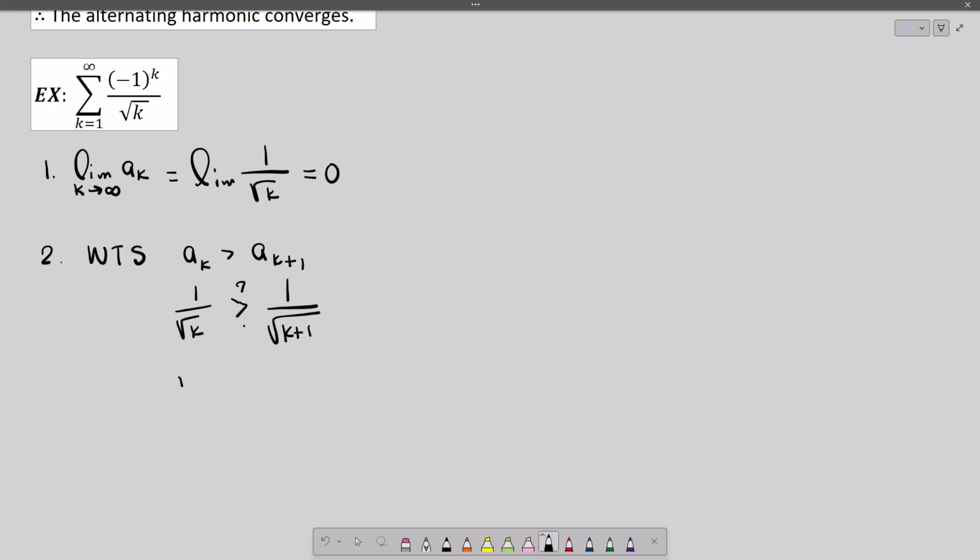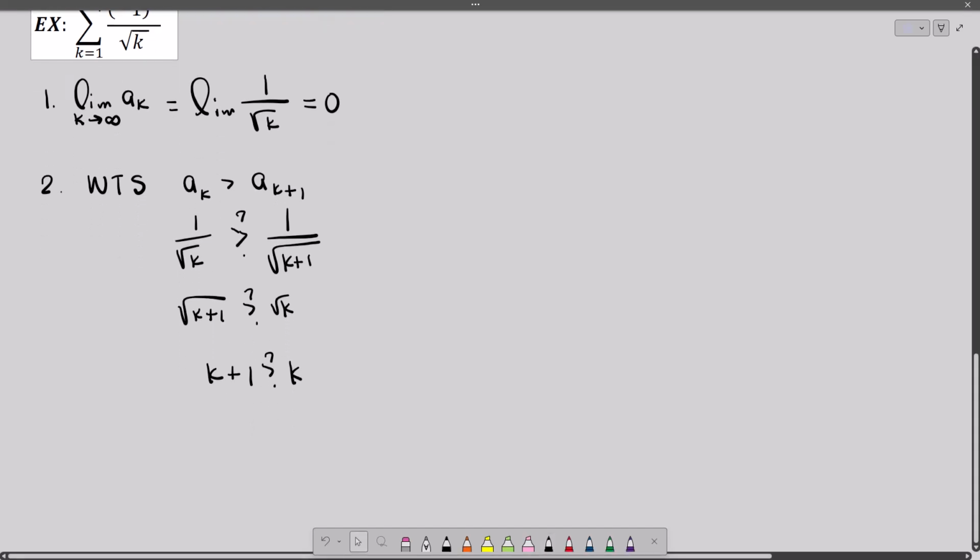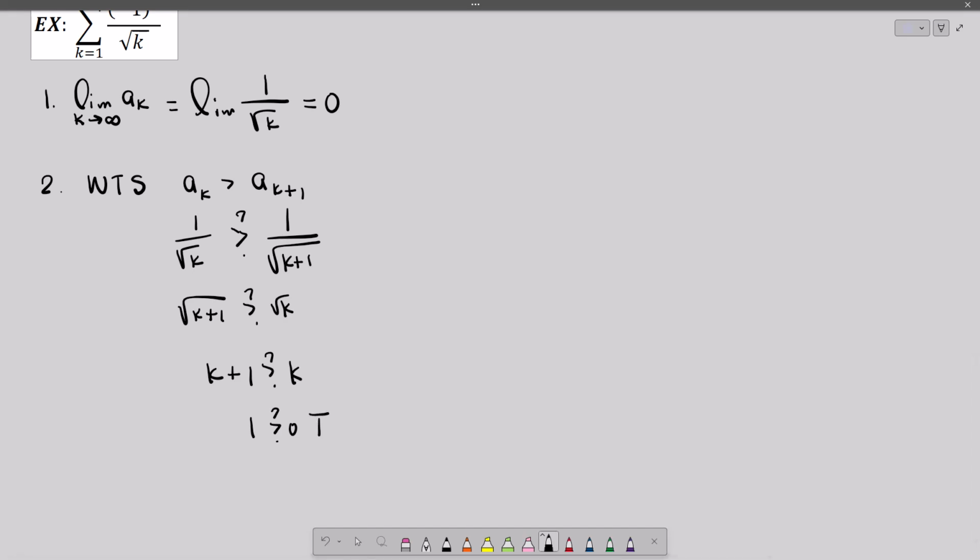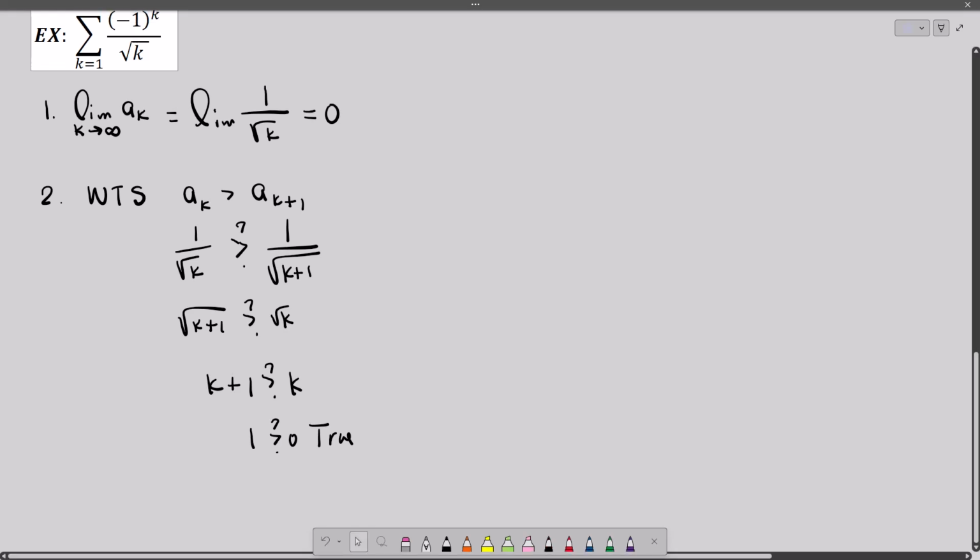Cross multiply. Square both sides. Subtract k. Almost all of our inequalities we can get down to a numerical inequality that we can claim is true or false by inspection. This is true. 1 is greater than 0.